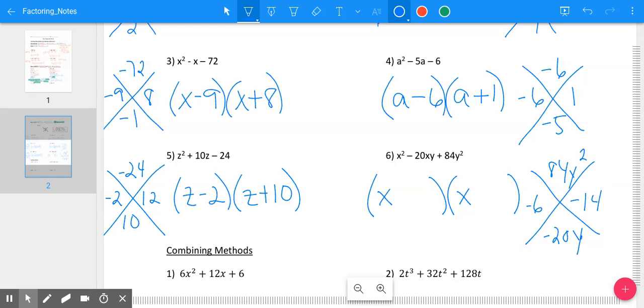But for the y's, we have to think, what can we multiply to get y squared but add still to get y? We basically just need a y in each one, because y times y will give us y squared, whereas y plus y stays y. So for our binomials, for writing out the final answer, we're going to have x minus 6y and x minus 14y. We just basically can attach a y to the end of each of them. And that's it.